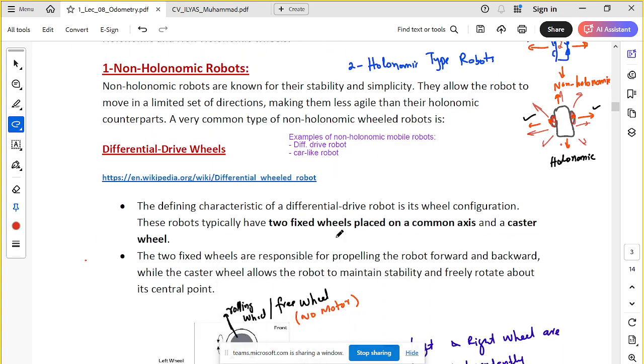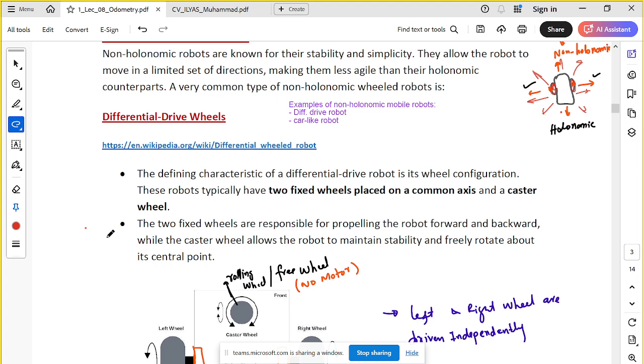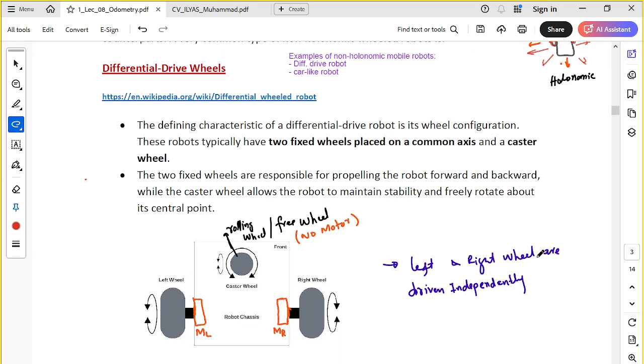So let's see the differential drive robot first. The differential drive robot is the most common robot used in the domain of mobile robots. So what do we mean by differential drive? It means we have two wheels, a left wheel and a right wheel, and these wheels are attached to motors, left motor and right motor, ML and MR for example, and these motors can drive the two wheels independently.